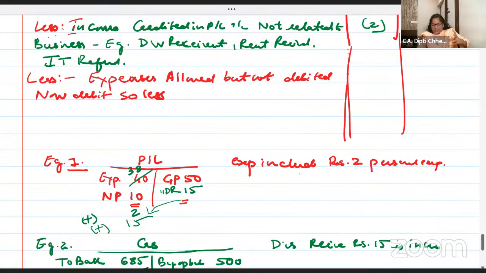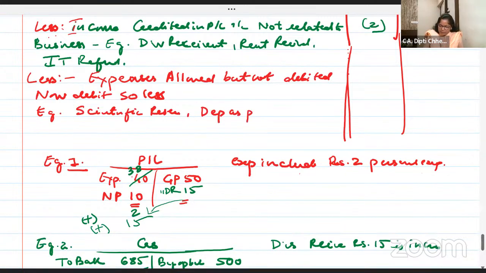This is for you to understand add and less. Expenses are allowed. Example. Can we write some good example? Scientific research. Scientific research you didn't debit in the P&L account. कर दो. Depreciation as per Income Tax Act. In books you have charged different depreciation that you add.